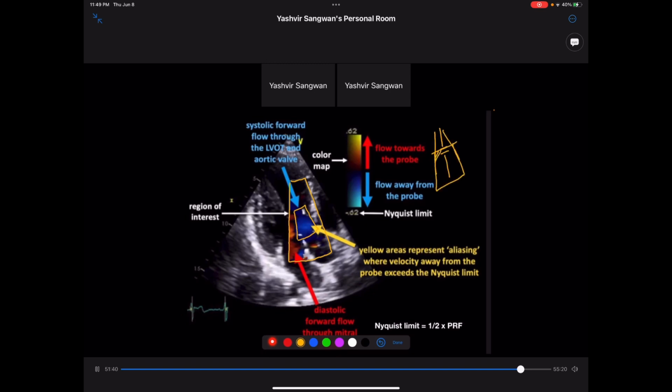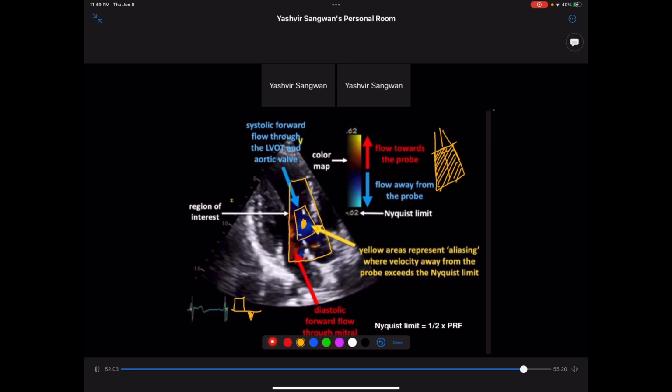A lot of computation of different velocities has to take place, and if you overwhelm the computing power of your ultrasound unit, then you will have the same thing, aliasing, where in a sea of blue you might see something which is bright yellow. It is the same thing that is happening with aliasing.